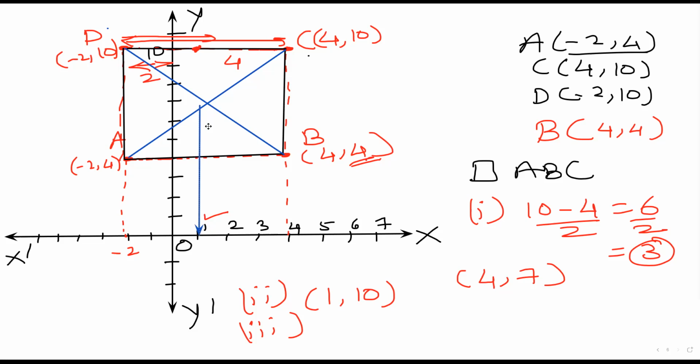It should be 1 at least, and this is going to be 7, no doubt. So the coordinates of the point of intersection of the diagonals E is 1, 7.